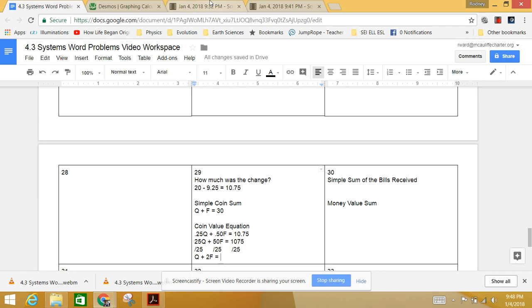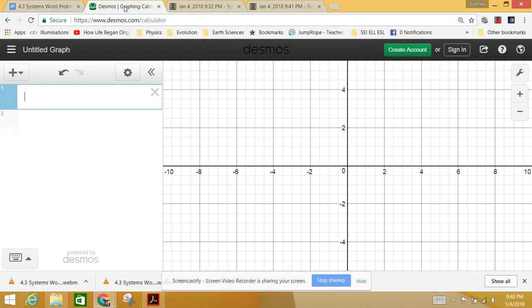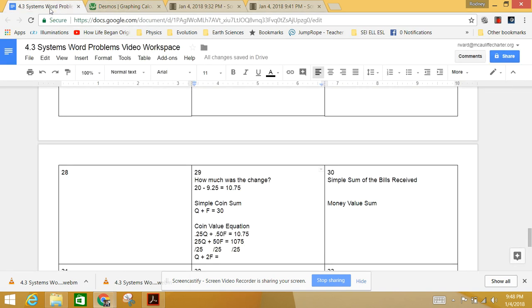And you can see this is lining us up nicely for a fairly easy elimination operation. Now I'm going to use my calculator to figure out 1075 divided by 25, which gets me 43. So now you have your setup.